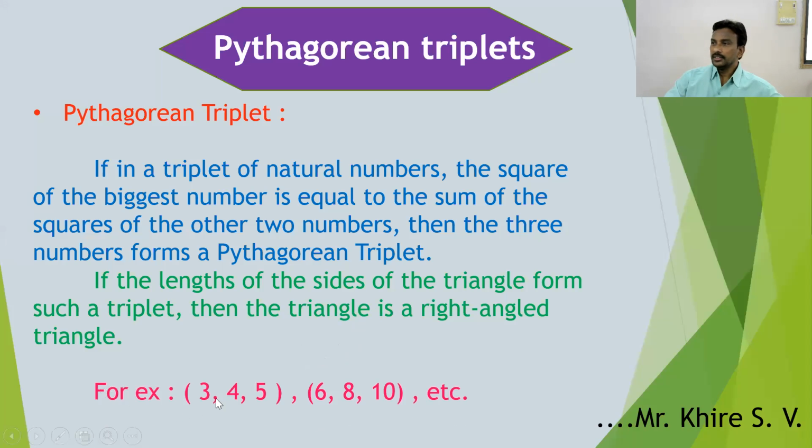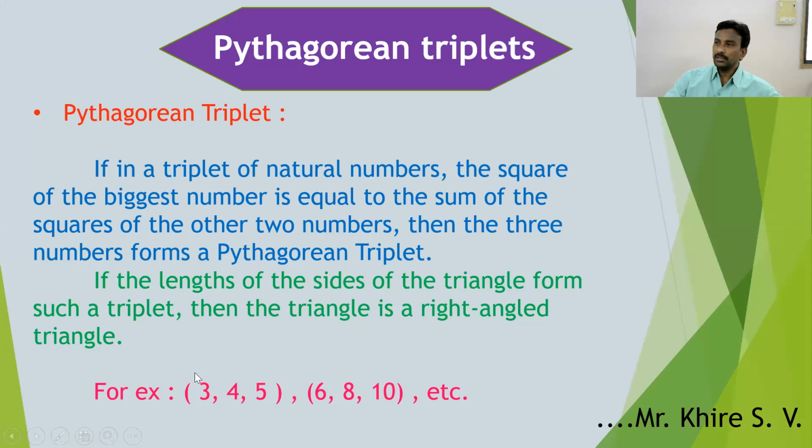For example, 3, 4, 5. These are the lengths of the sides of a triangle. Now, which is the biggest side out of this? 5 is the biggest side, means 5 is the hypotenuse of a right angle triangle. Square of 5 is 25.